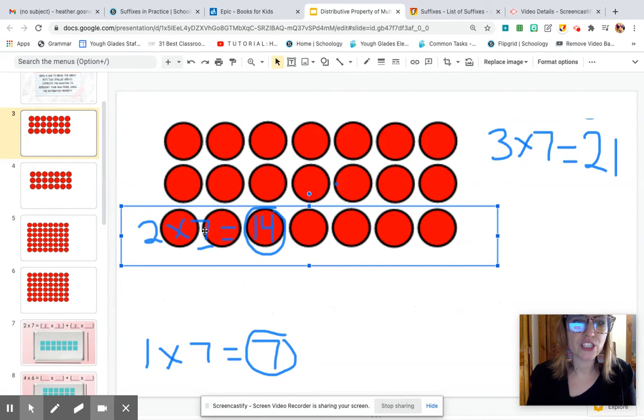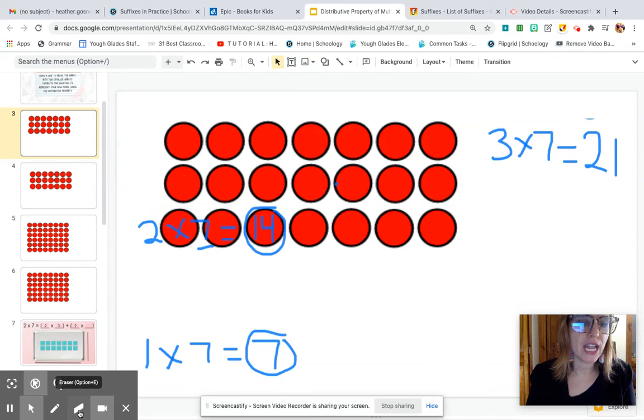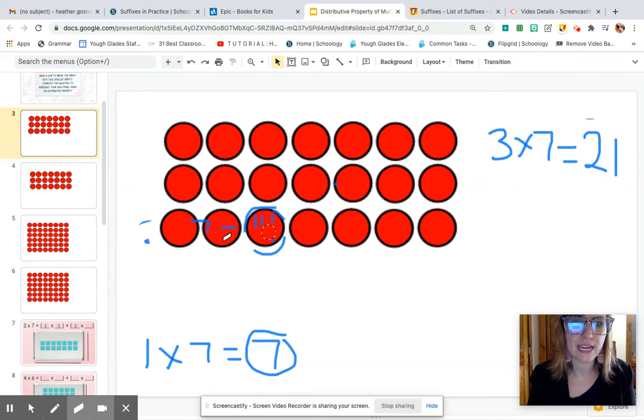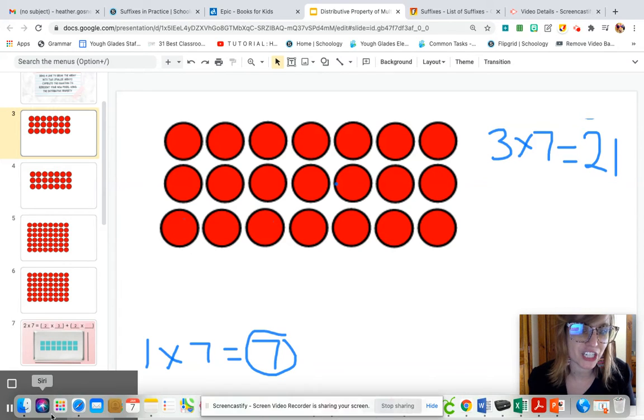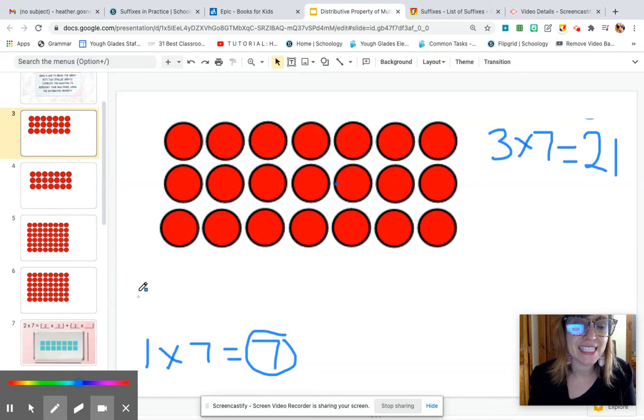So pretty much that is all I did. I'm going to move this equation down. I split my array up and then I put it back together again using addition. And that is what we call the distributive property.